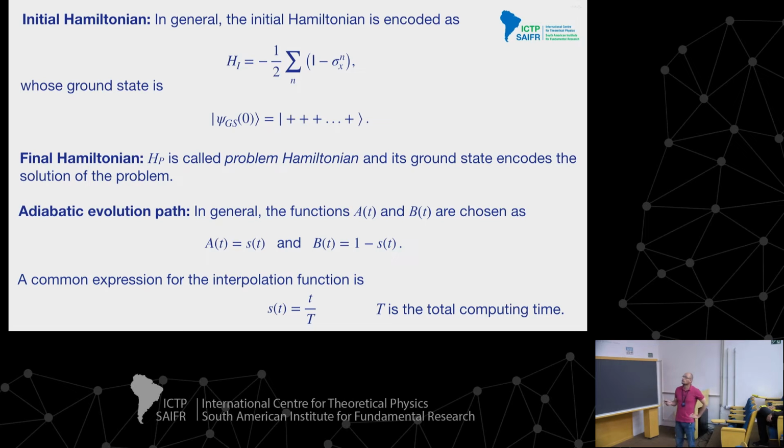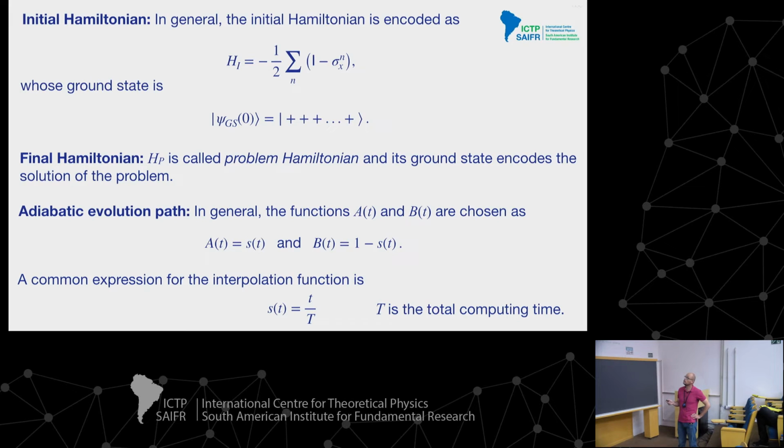Okay, so how to encode the initial Hamiltonian? One possible idea is, okay, the Hamiltonian must be simple because I must know how to prepare the initial state in the lab, okay? In this case, a possible Hamiltonian is this one. This is the identity operator.